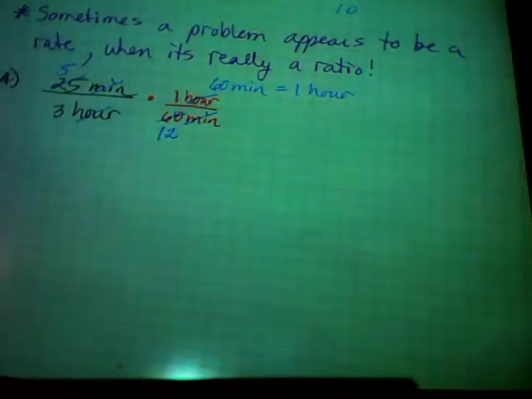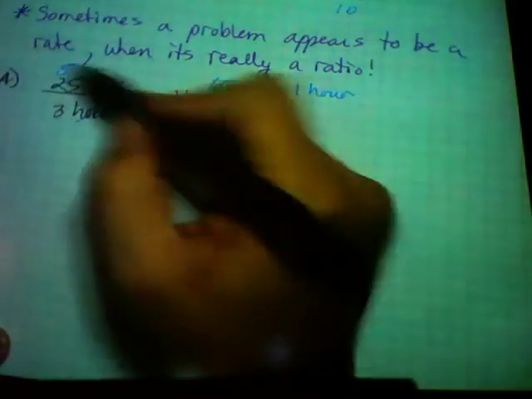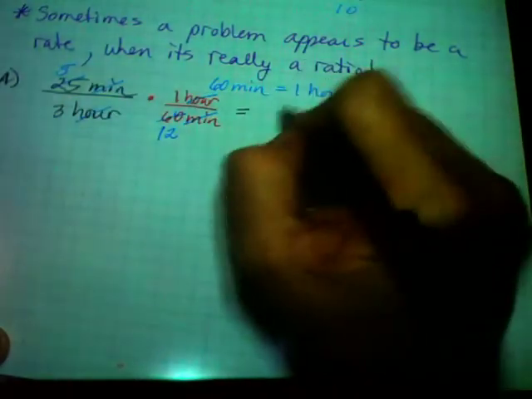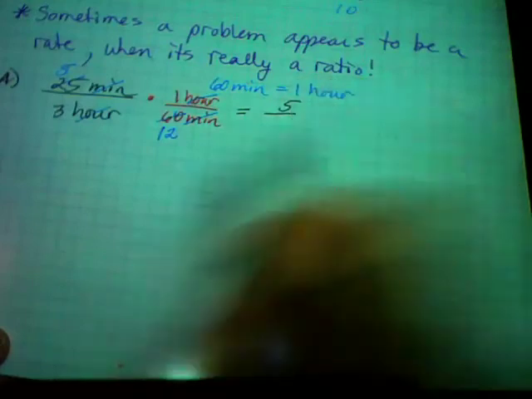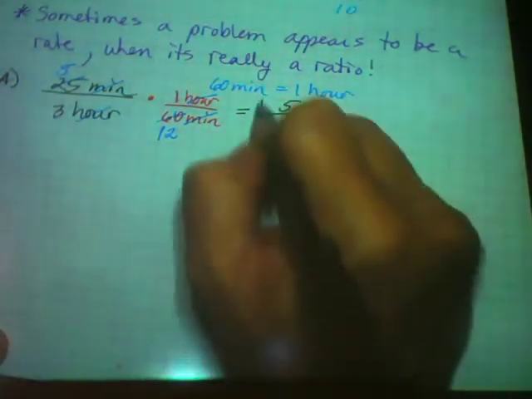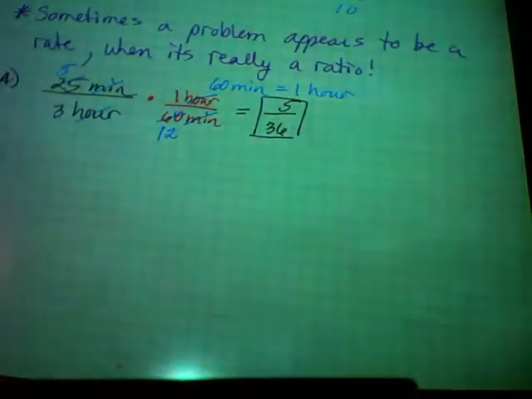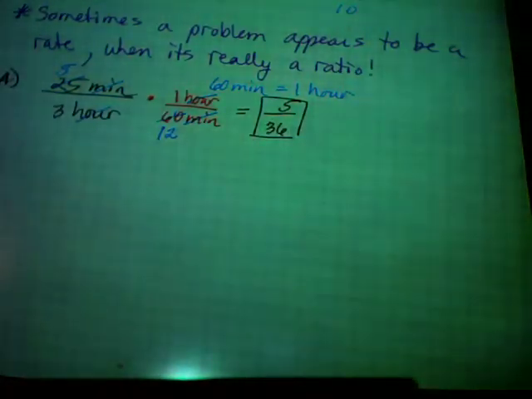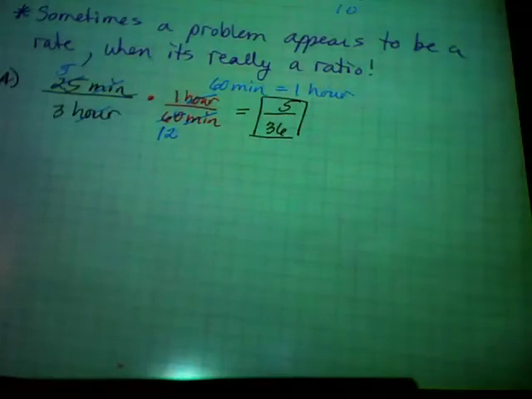Okay. So then multiply straight across. I've got 5 times essentially 1, so I have a 5. What's 3 times 12? 36. So 25 minutes to 3 hours is the ratio of 5 to 36. That's what that reduces down to.